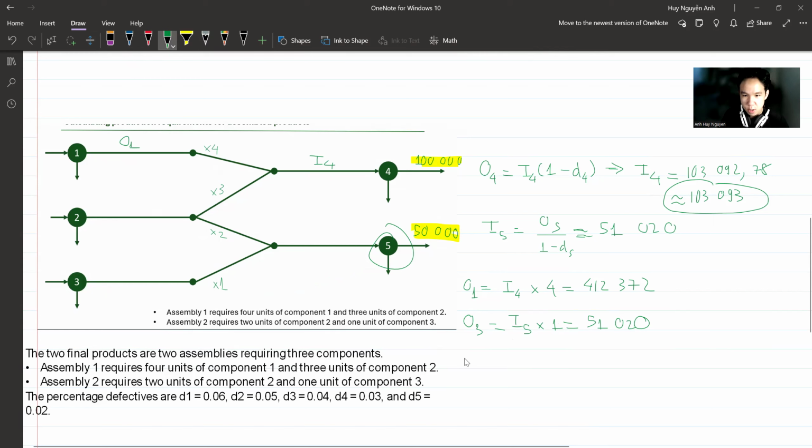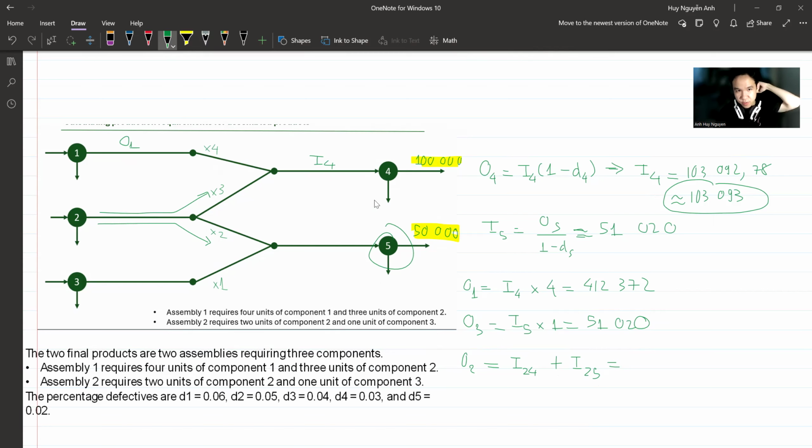Because O2 goes to two branches, we have to sum them up. So O2 will be equal to I24, which is this path, plus I25.